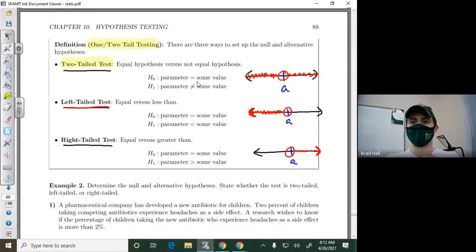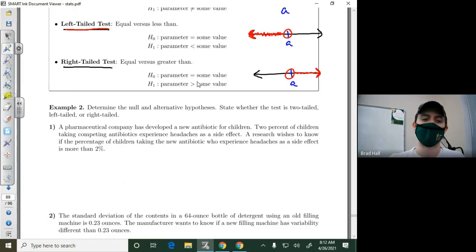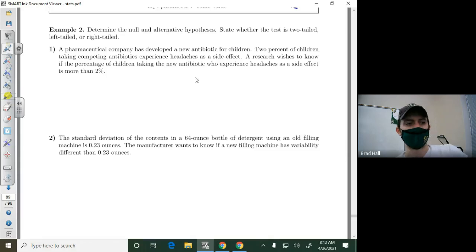We're going to do the same thing for example 2 here. We're going to state what the hypotheses are and determine if they're left, right, or two-tailed. So we'll start off with part 1 in example 2. There's some pharmaceutical company, and 2% of children experience headaches.